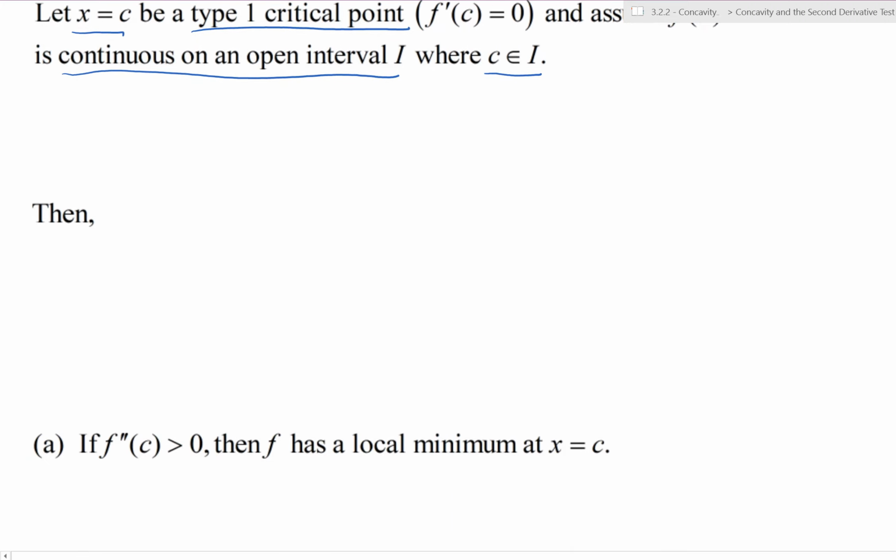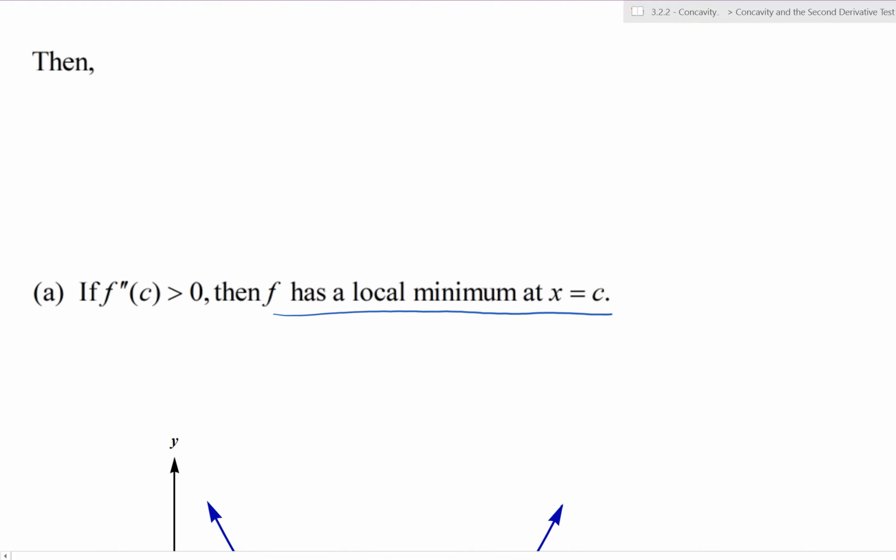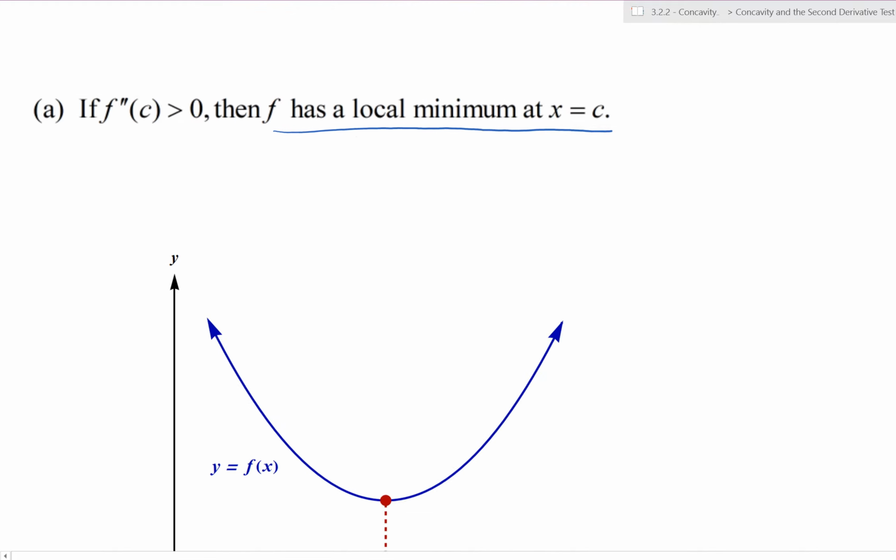Then, assuming that's all the case, the claim is if f double prime, the second derivative of the function at this location c, is positive, then the function must have a local minimum value at x equal to c. Why is that? Let's take a look at this picture.